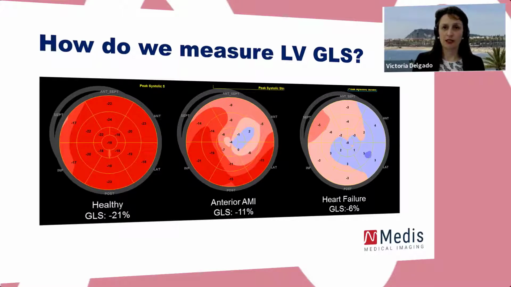In a patient that has a myocardial infarction, for example, like this patient in the middle with an anterior myocardial infarction, you can see that the areas affected by the infarction have a much lower magnitude of deformation, and the values can range between 10 and 15%. And when we have a heart failure patient, you can see that there is not much deformation in all the segments of the myocardium of the left ventricle, and that leads to very poor values of longitudinal strain.